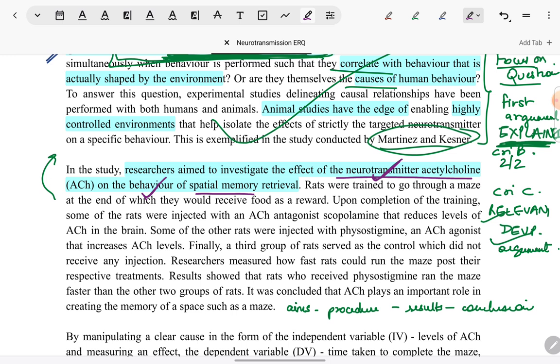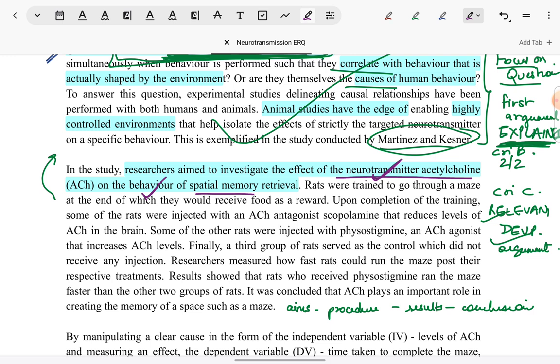See, earlier I had told you in the introduction, many students would just generally keep on saying, okay, this is a neurotransmitter, this is how it influences this particular behavior. Here, as you are discussing the study, automatically you are giving an example of which neurotransmitter influences which behavior. So you don't need to take it separately.